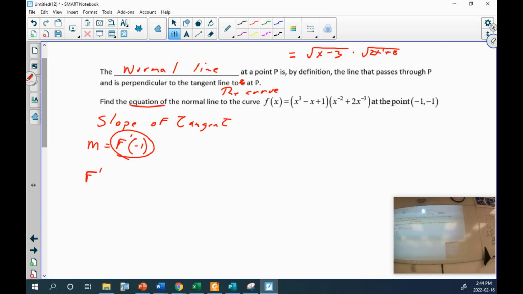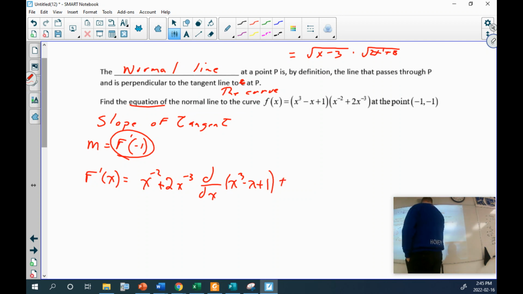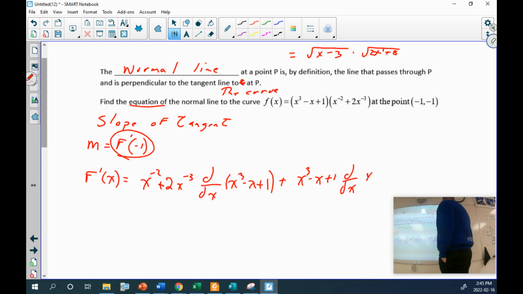So f prime of x is equal to x to the -2 plus 2x to the -3 times the derivative of x cubed minus x plus 1, plus x cubed minus x plus 1 times the derivative of x to the -2 plus 2x to the -3.